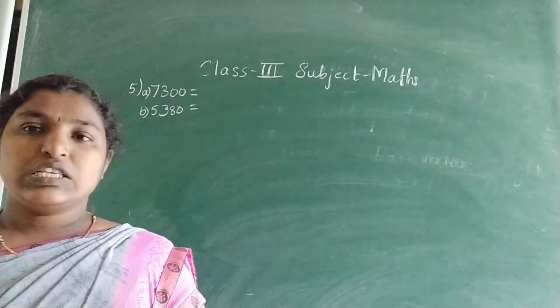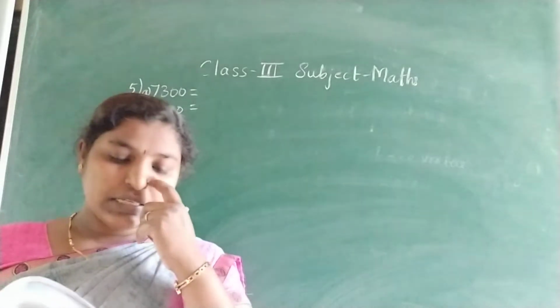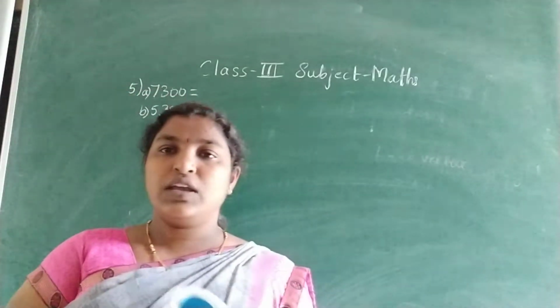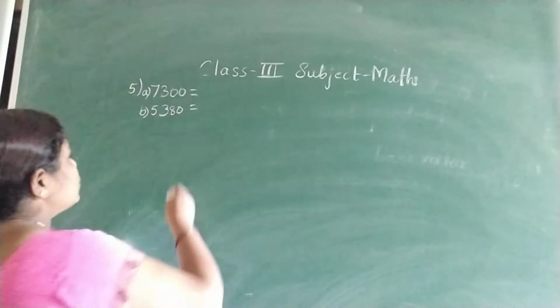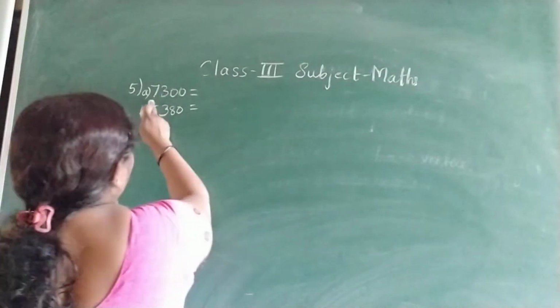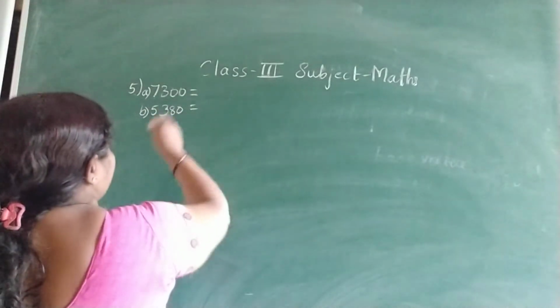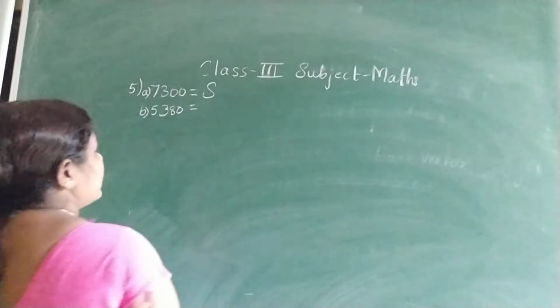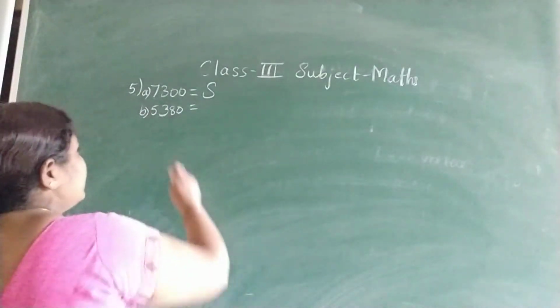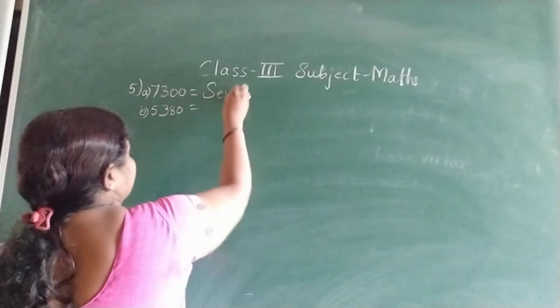First one is 7,300. Second one is 5,380. So write this one. How you will read, like that only you should write. So first letter write in capital. 7,300.